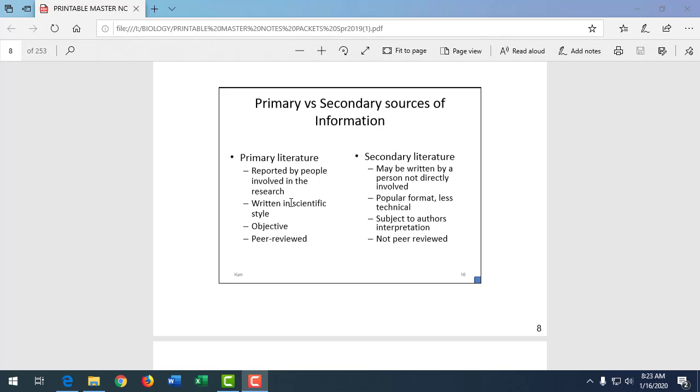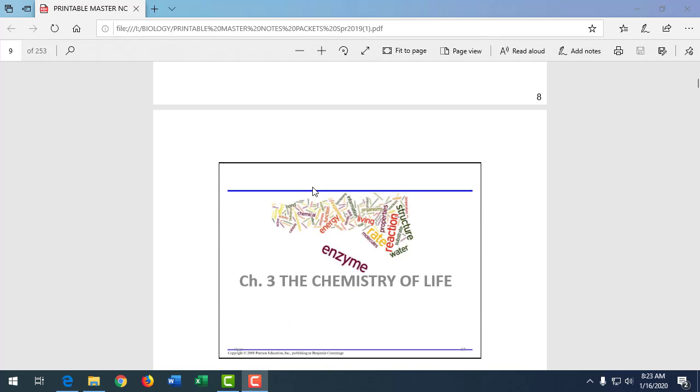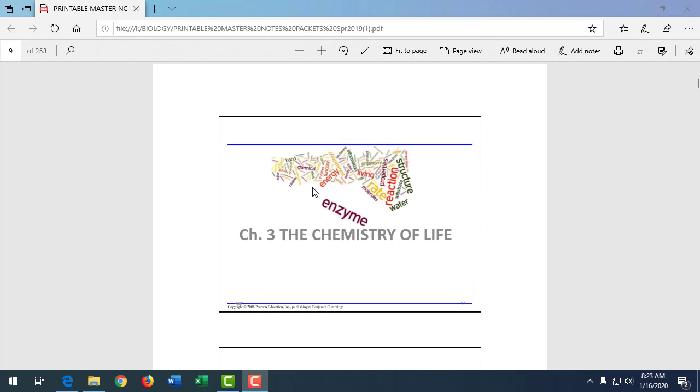So crazy. Anyway, so primary versus secondary, make sure when you're doing your lab reports that you're using primary literature. And if you're searching something, you're looking at primary literature. Because some of you, unfortunately, are going to have some unfortunate medical diagnoses. And they're going to say, we want to give you this treatment. And you're going to be like, is that a good treatment? Is that going to impair my fertility?